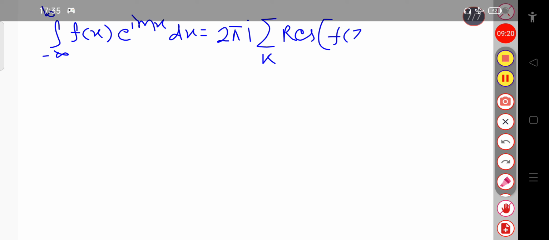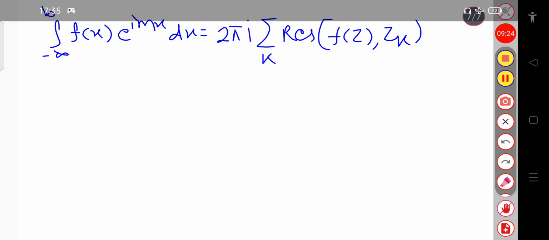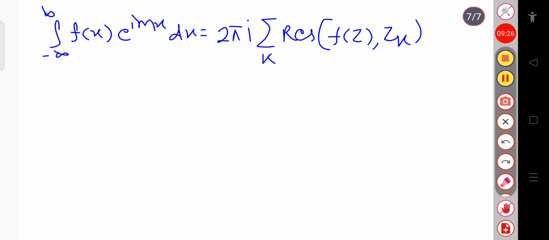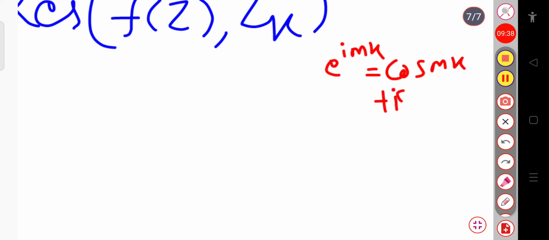Now this exponential imx we can split. Exponential imx can be written as cosine mx plus i sin mx.